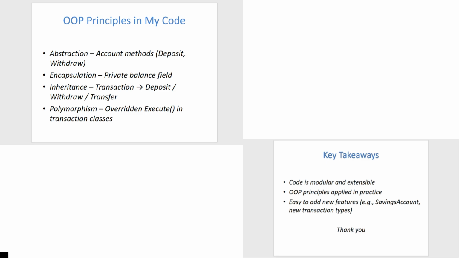If I wanted to extend it, I could easily add new account types like a savings account or new transaction types, generally using inheritance, because with inheritance it is very easy to access all the properties of the parent class in the child class.